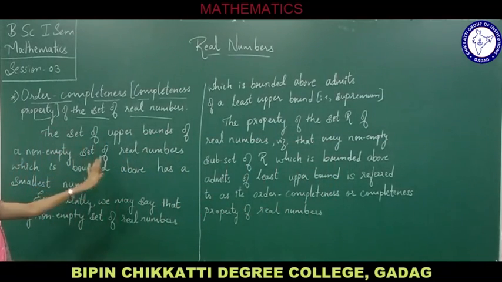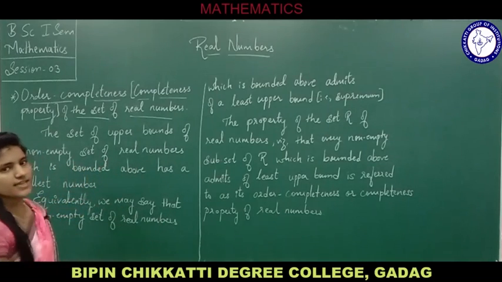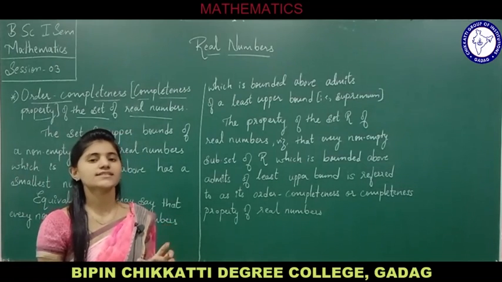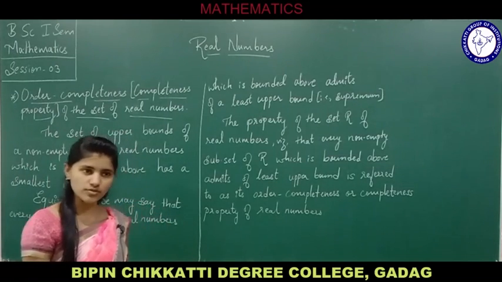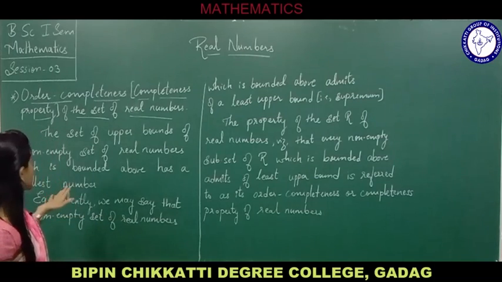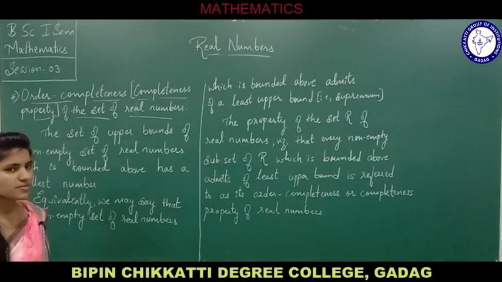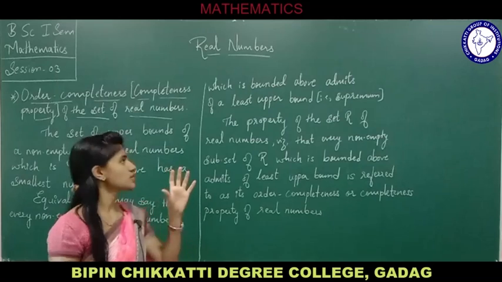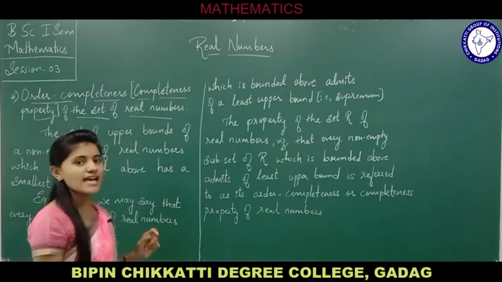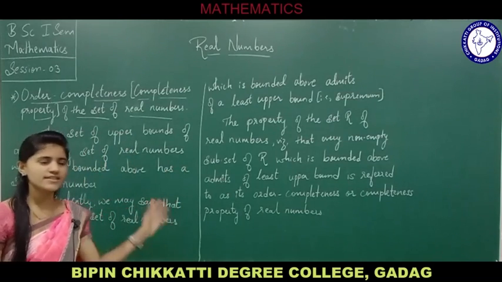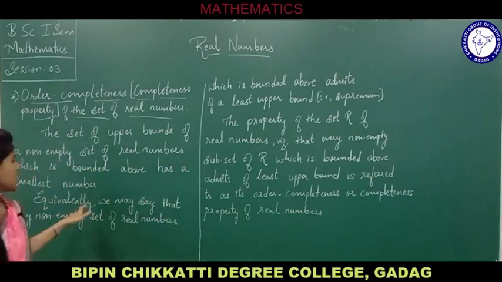The set of upper bounds of a non-empty set of real numbers which is bounded above has a smallest number, which we call the supremum. That is what it can also be stated as.